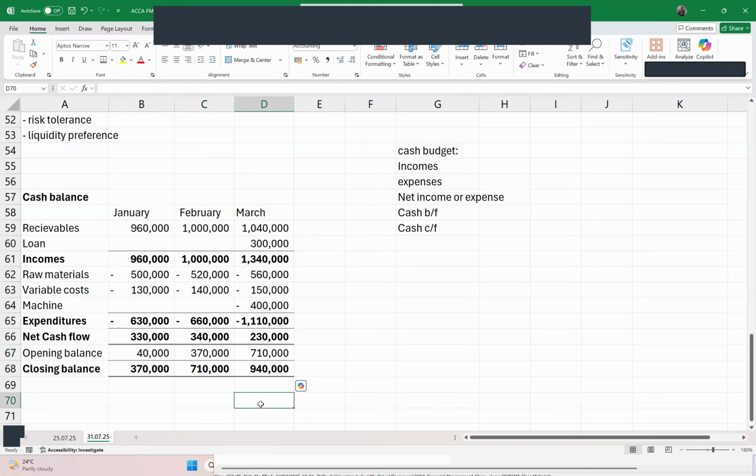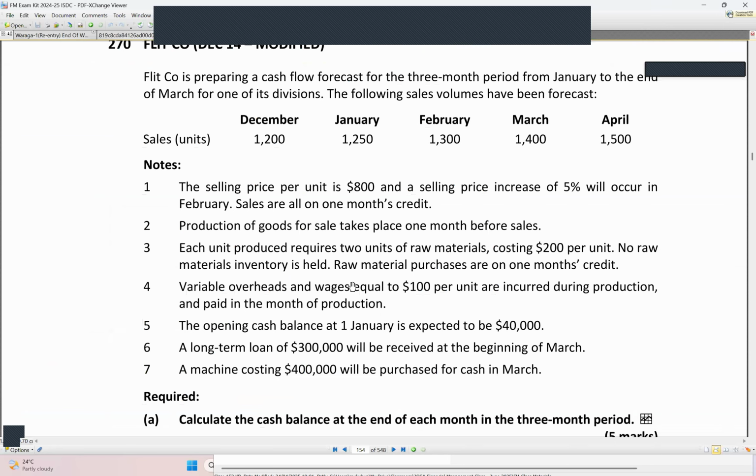Okay. So by the end of, let's just confirm for March.